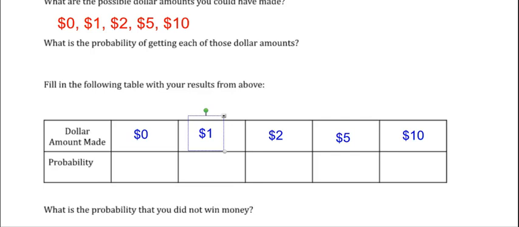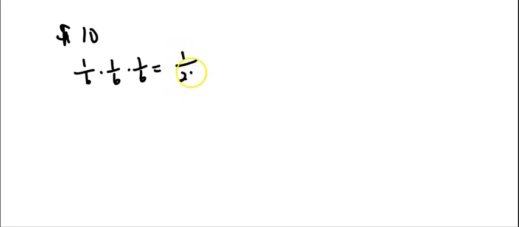So the probability of getting the first one is going to be 1 out of 6. The second one is going to be 1 out of 6, and the third one is going to be 1 out of 6. So the probability of getting $10 is 1 over 216.